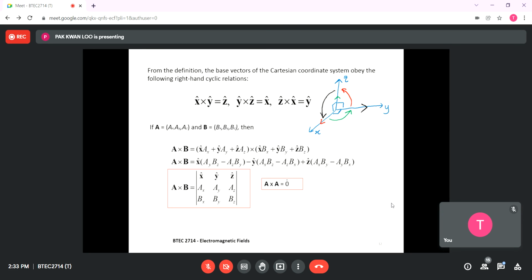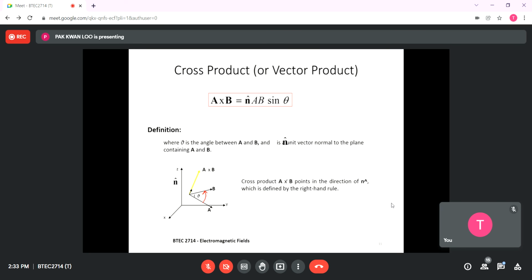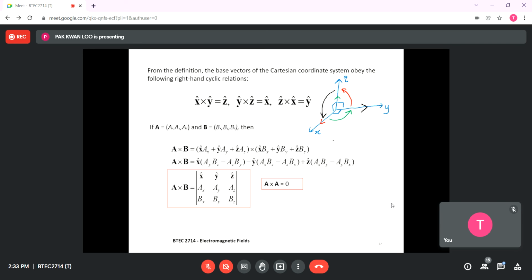This can be easily seen, as for parallel vectors theta is 0, so sine 0 equals 0. The same goes for the dot product between perpendicular vectors. If A and B are perpendicular, A dot B is going to be 0 without any further calculation.